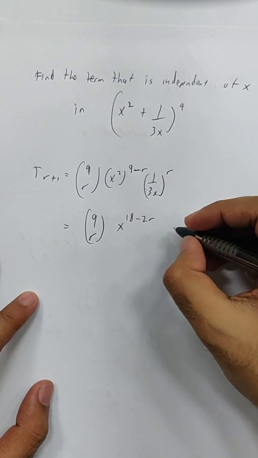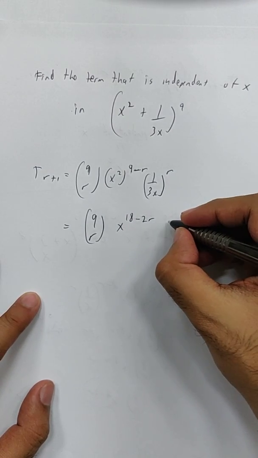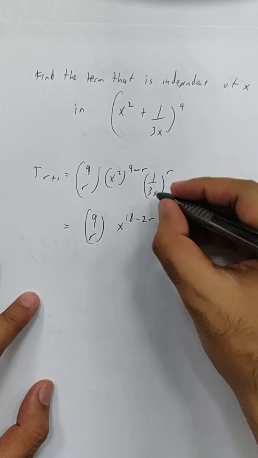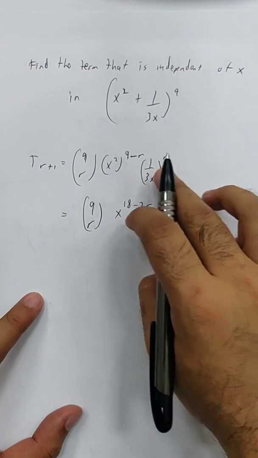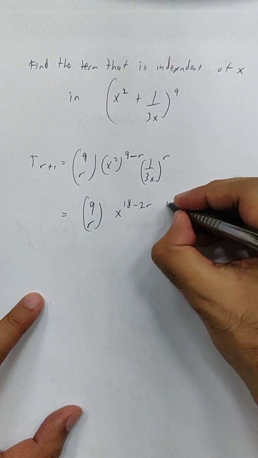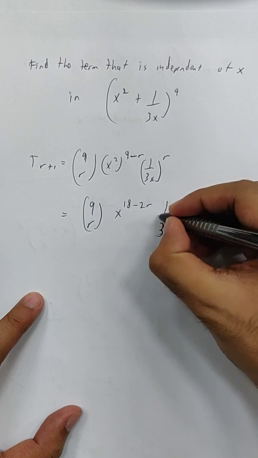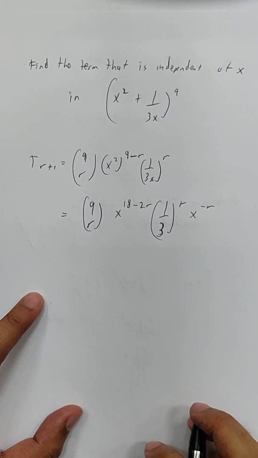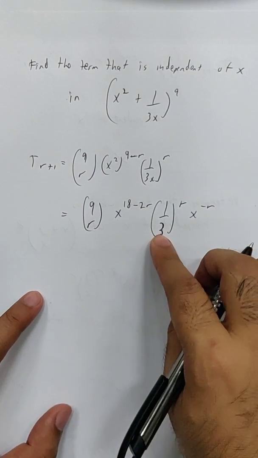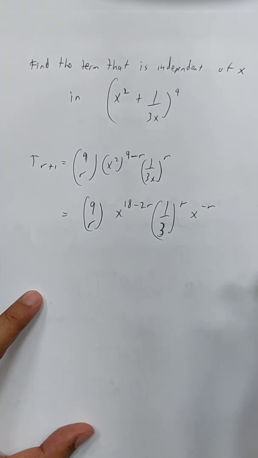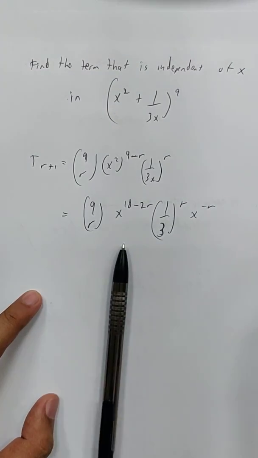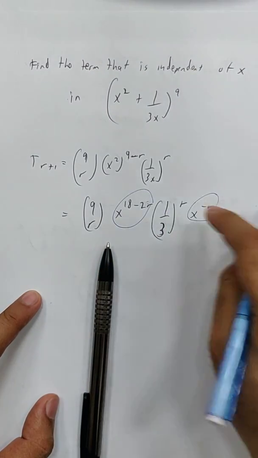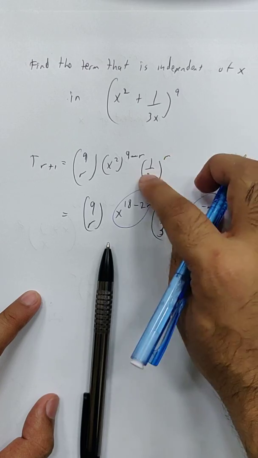So this one has multiple ways of solving. Here there's a 3, right? I would like to keep it as (1/3)^r, and only x^(-r), because 1/3 is a lot easier for us to see. Yeah, you multiply the powers of both of them.